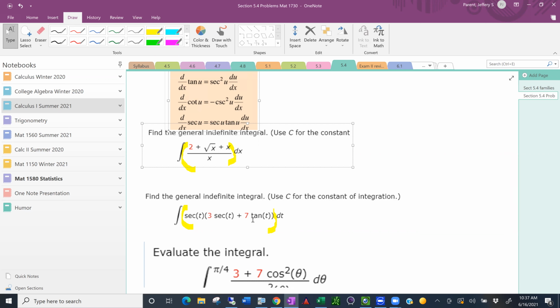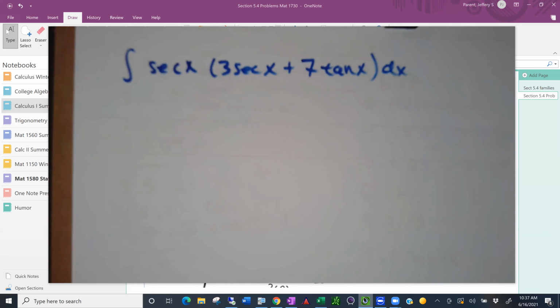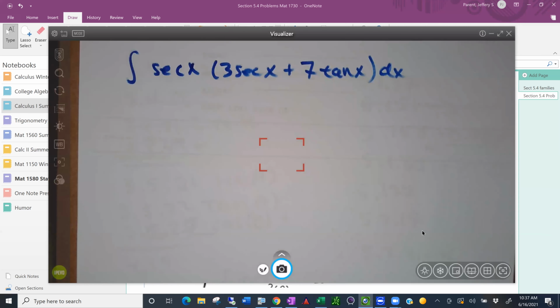So I'll write it as secant of x times 3 secant of x plus 7 tangent of x. That'll all be dx. Let's try and focus that a little bit better. That's better.